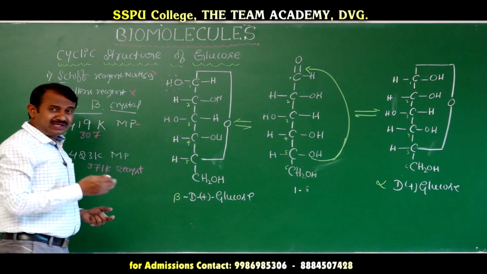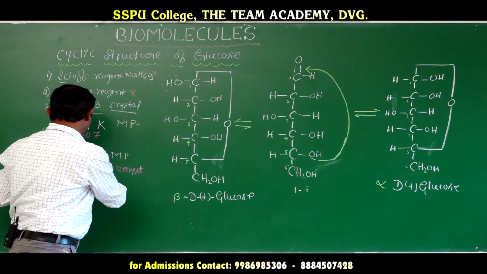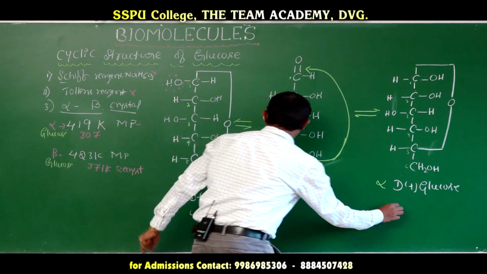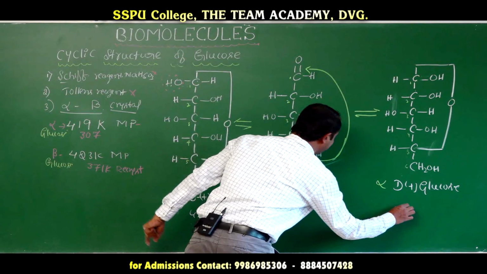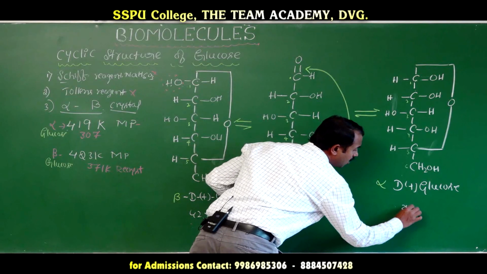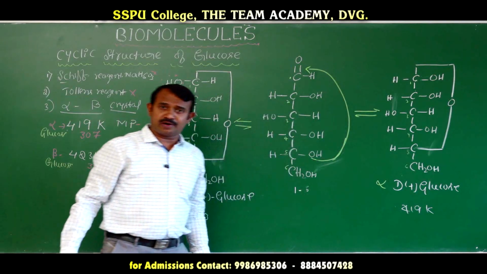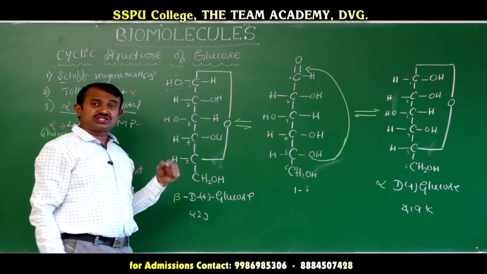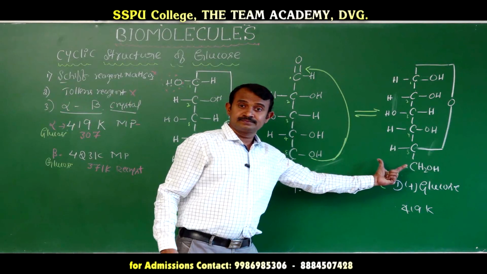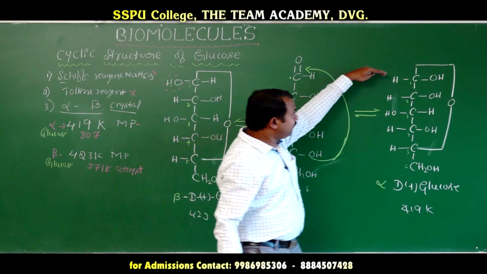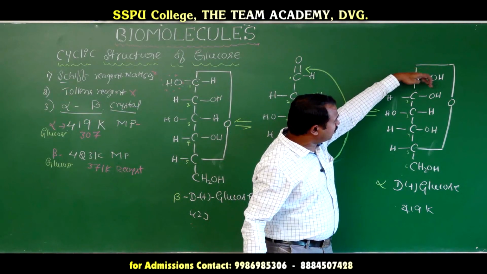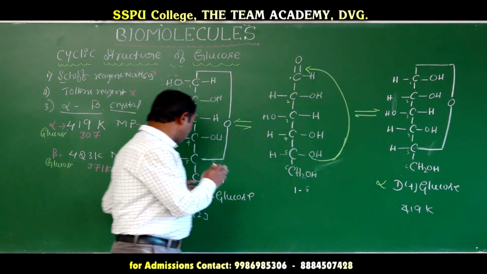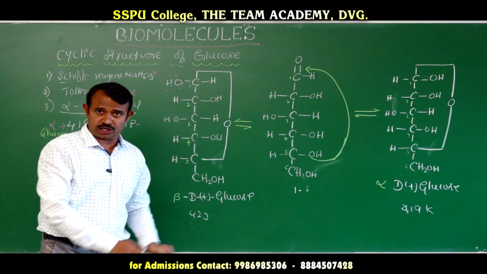Comparing alpha and beta glucose, the melting point of one is 423 Kelvin, and the other, how much melting point? 41 Kelvin is the melting point. That is the stability: beta glucose is more stable than alpha glucose. Alpha glucose does not have hydroxy groups arranged equally; here only one hydroxy is there. That is the stability of alpha and beta glucose.